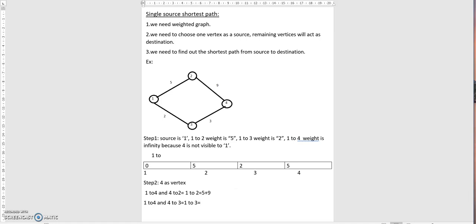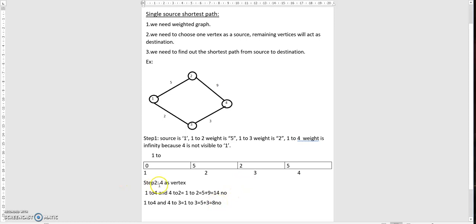Then 1 to 4 value is 5, and 4 to 3 value is 3, which is equal to 8. For 1 to 2, which is equal to 5, here I got 14, which is greater than the already present value, so no need to update. And here I got 1 to 3 as 8, but I already have 2, which is smaller than the new value, so no need to update.